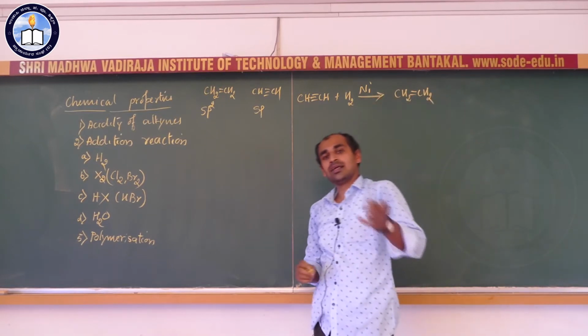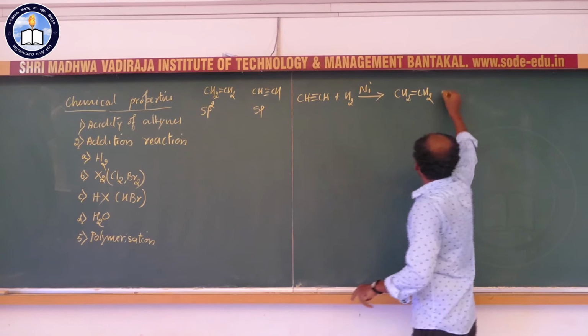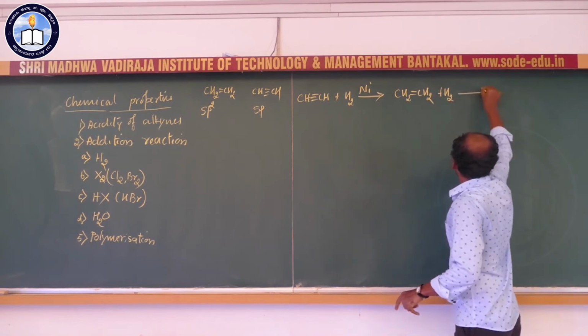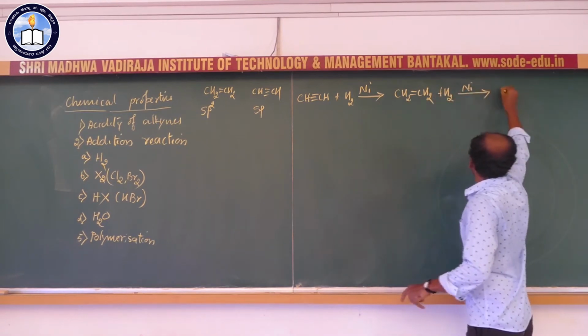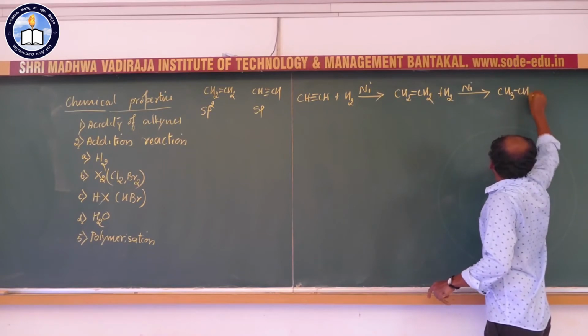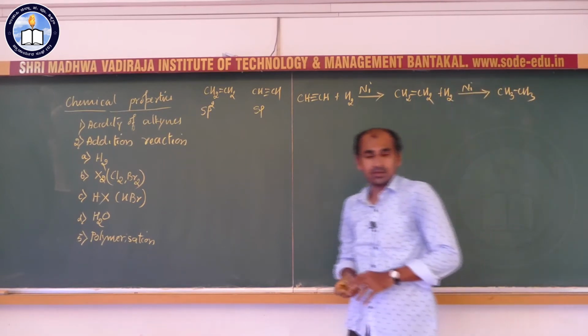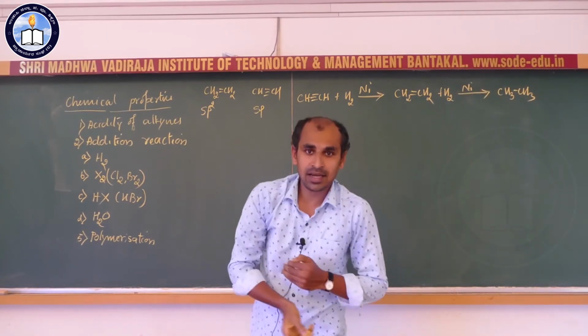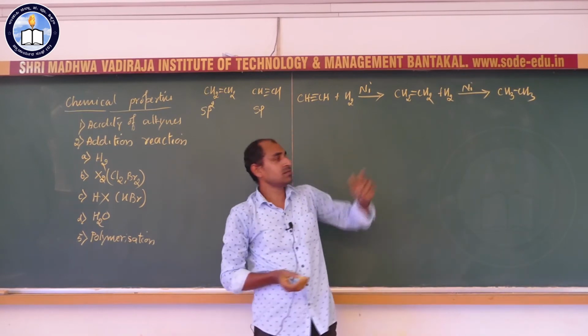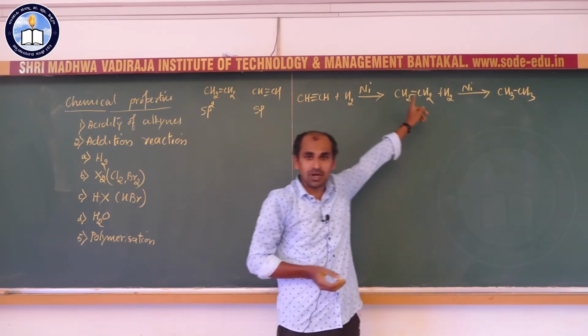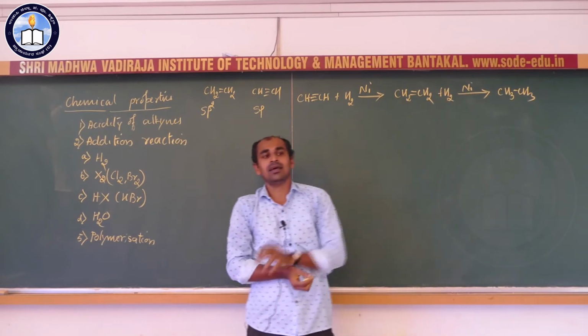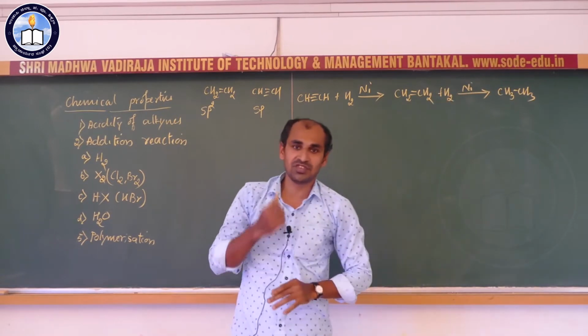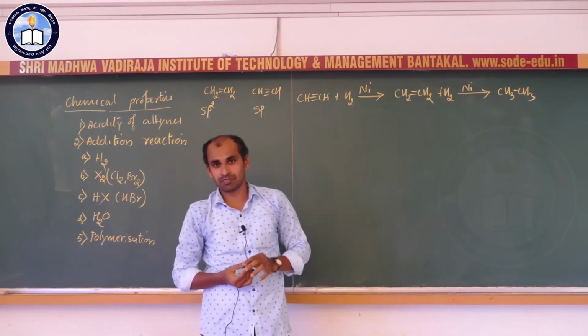And you know alkene also undergo addition reaction. So, again it reacts with one more molecule of hydrogen to give corresponding alkane. So, alkyne undergo addition reaction with hydrogen to give alkene, and later another addition reaction takes place to give alkane.